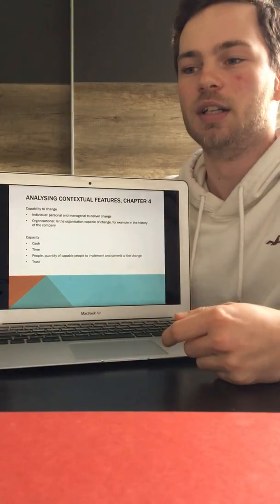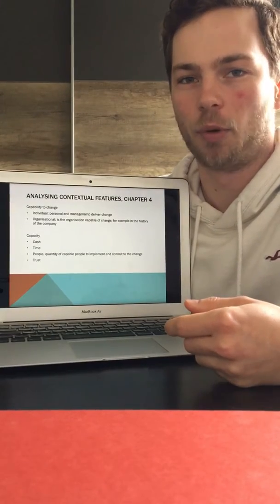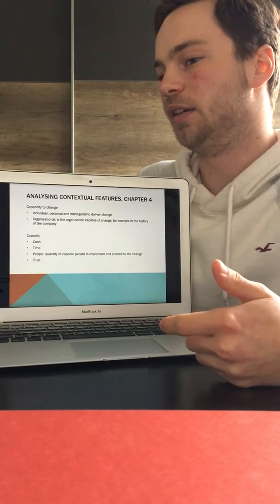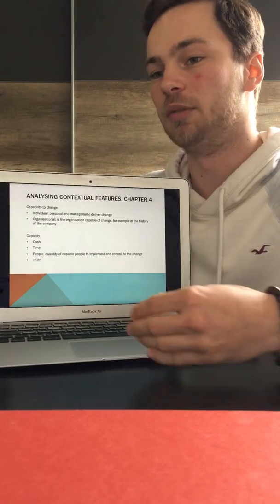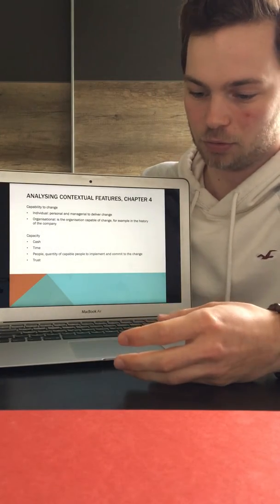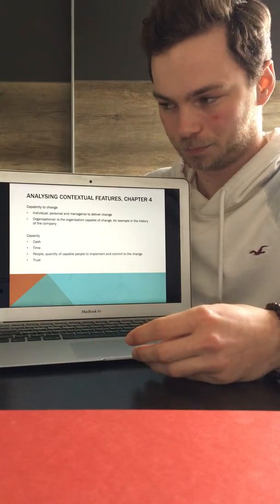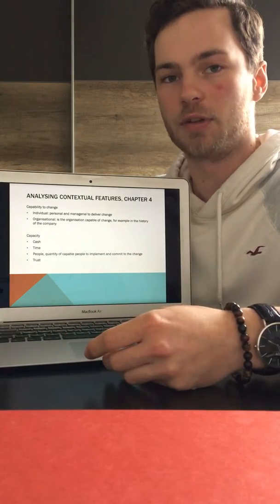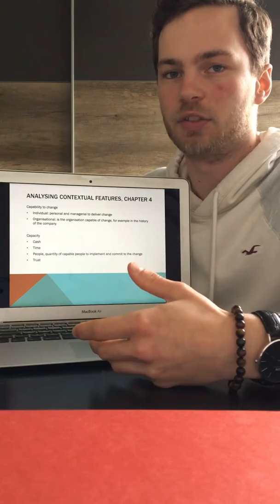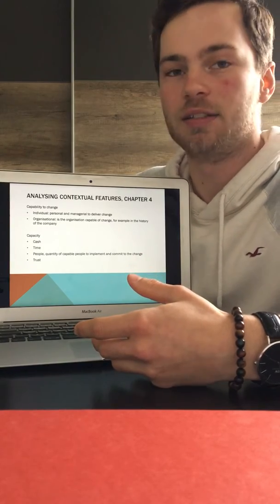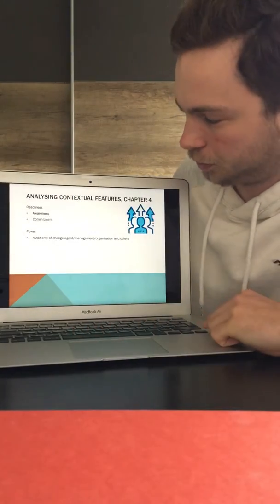And last one is trust. Trust is really important during change, because if the employees do not trust the executive board to execute the change for the better of the company, then they are not willing to change, and the change will likely not stick or succeed.